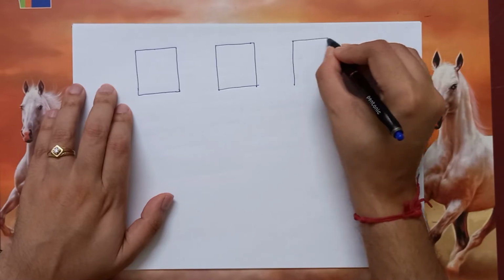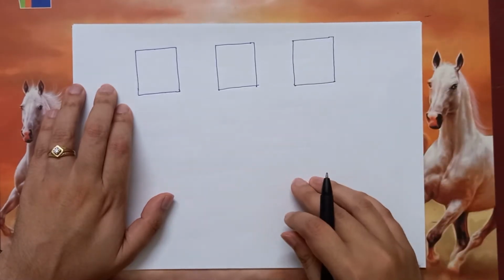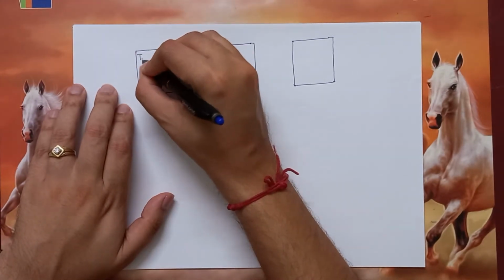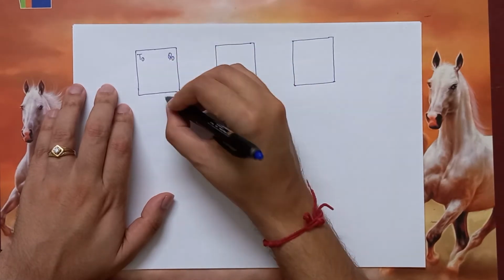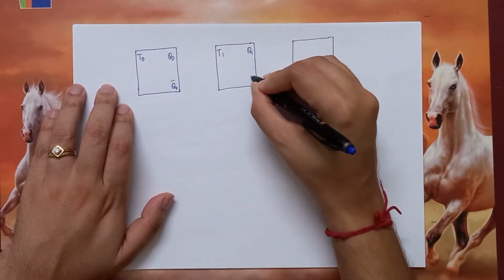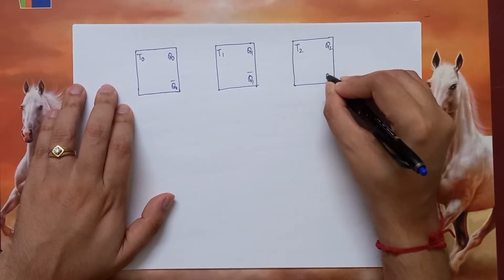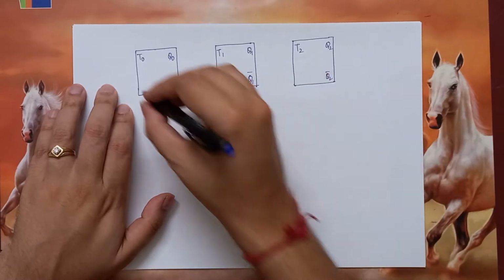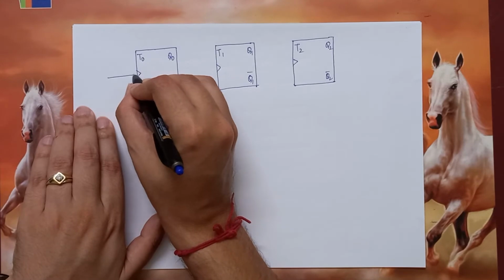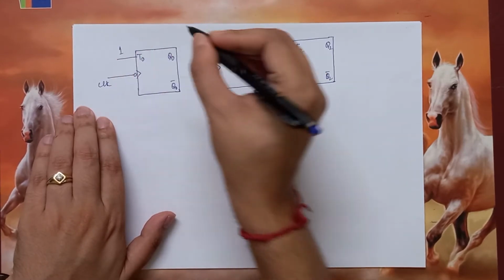In the previous lecture, we had established that a mod n counter counts from 0 to n minus 1. So let's say this is T0, Q0, Q0 bar, T1, Q1, Q1 bar, T2, Q2 and Q2 bar. This is the clock that is coming to the negative edge trigger flip-flop.